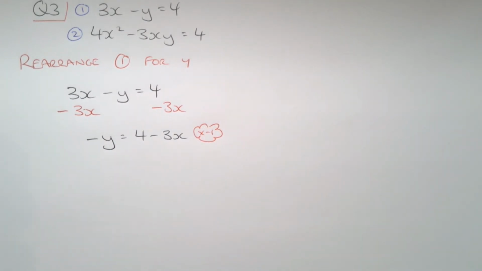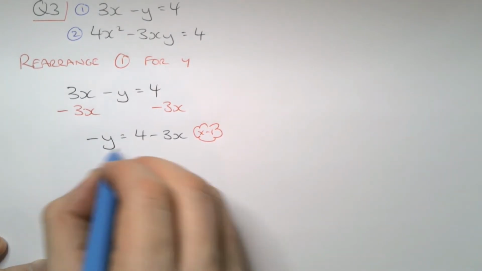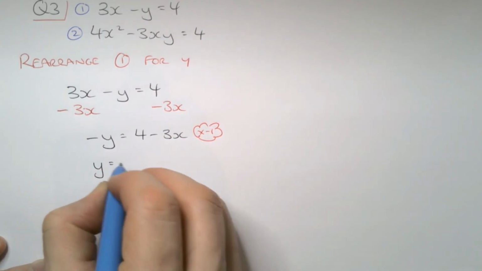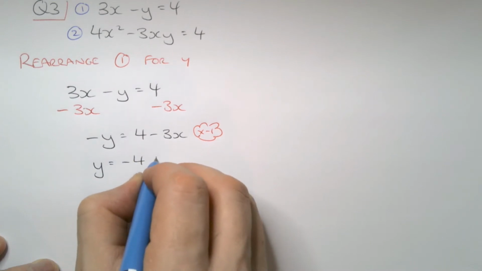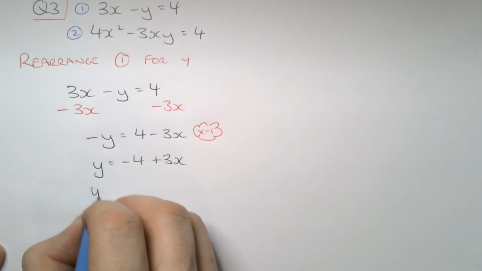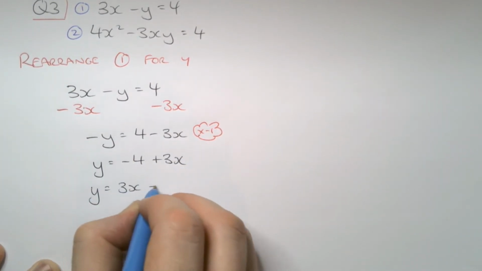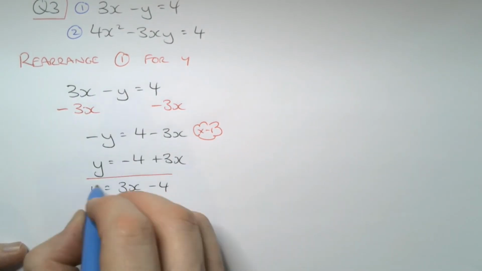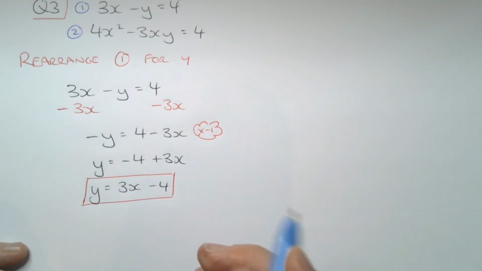Now, you might rearrange differently or have been shown differently. That's totally fine. I just want you to have the understanding here. So this becomes a positive y, this becomes a minus 4, and this becomes a plus 3x. So I'm just going to write that the other way because it's nicer. So it's 3x minus 4.